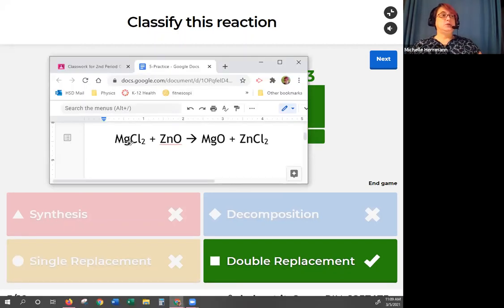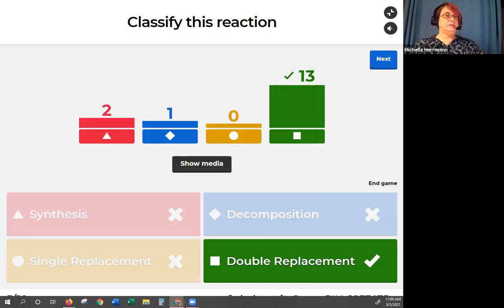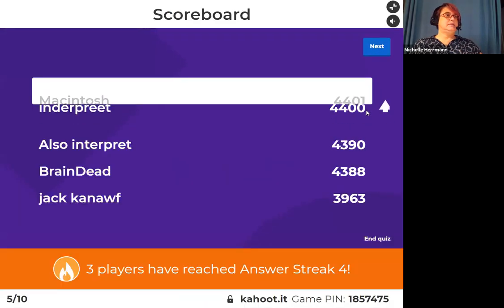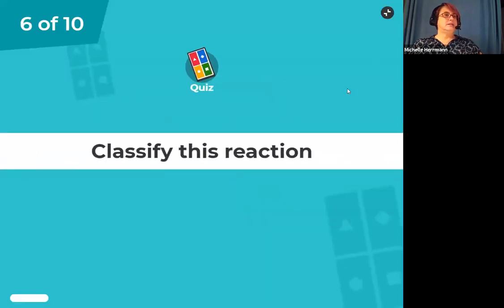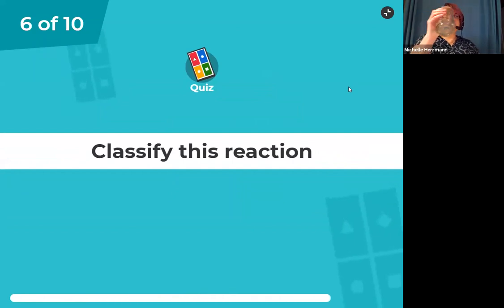So I have two compounds to begin with, magnesium chloride and zinc oxide. At the end, they've switched partners. So the magnesium ends up with the oxide and zinc ends up with the chloride. Okay, and let's see what we have here. All right, answer streak 4. Nice. Let's see our next reaction.